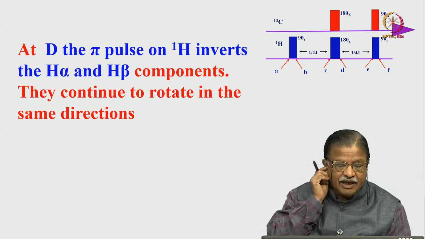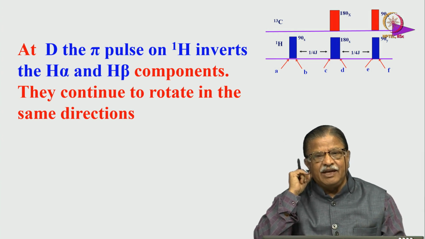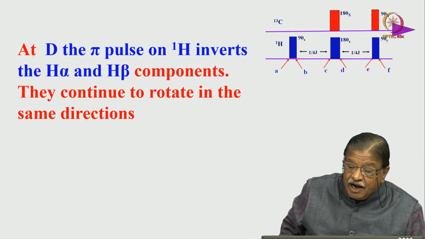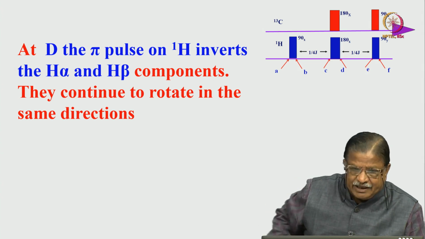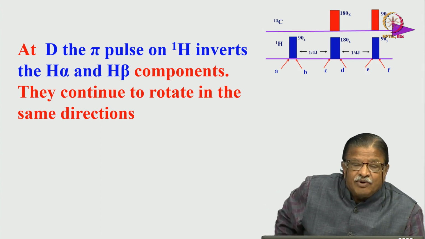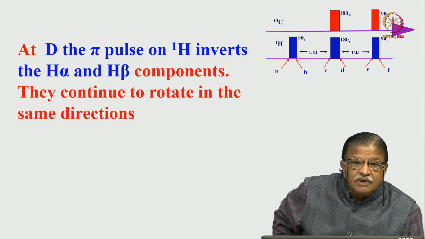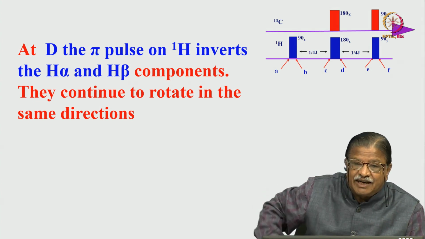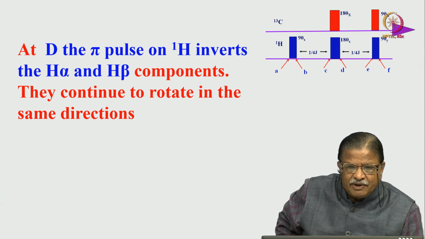At point C, another thing is happening: immediately at that point we apply a 180 pulse on proton. We will worry about carbon 13 later. What does the 180 pulse on proton do? It will invert the populations. Alpha and beta components get inverted: alpha will become beta, beta will become alpha.